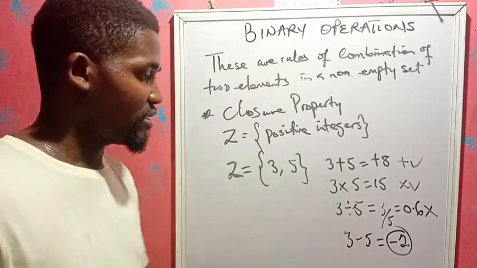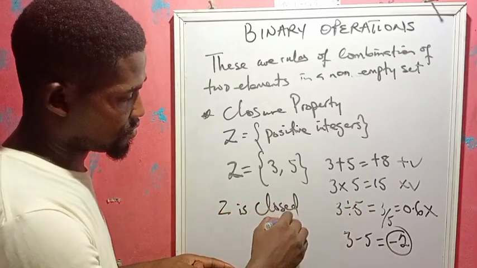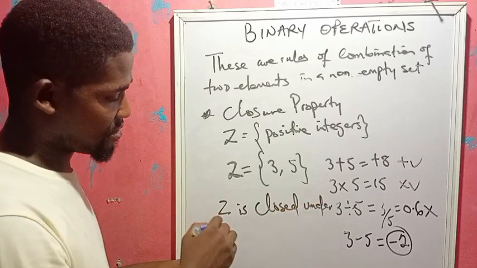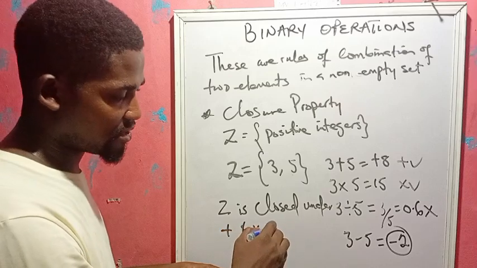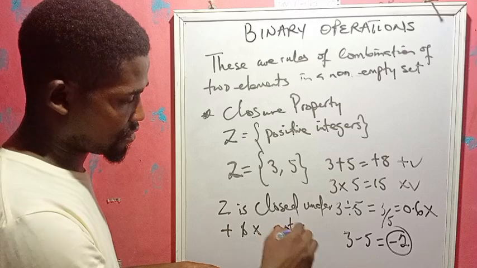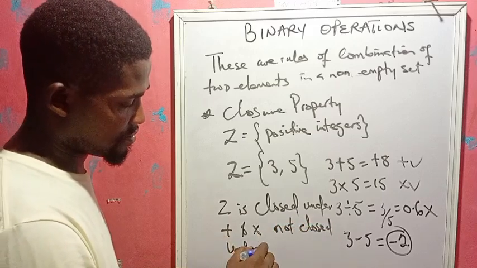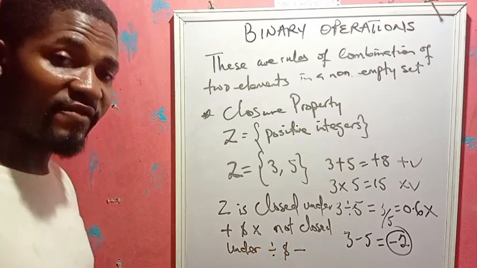It means Z is closed under addition and multiplication, but it is not closed under division and subtraction. I hope you have the idea now.